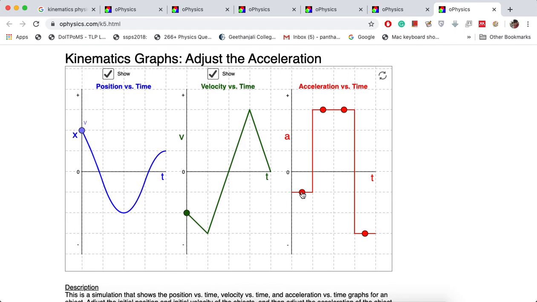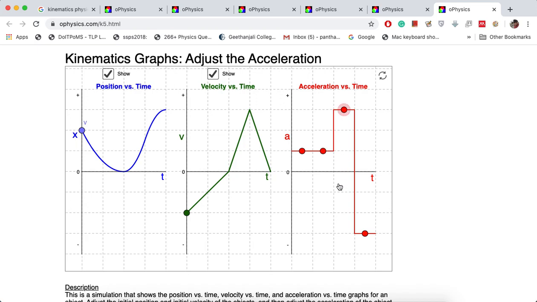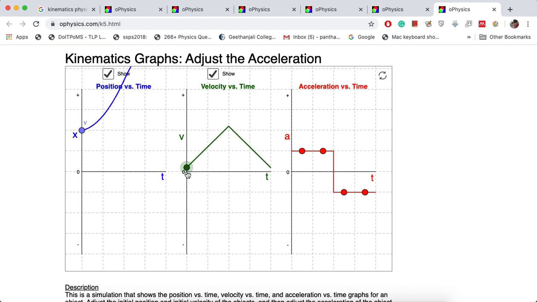As I said, here the acceleration is on the negative side, which means the velocity should decrease. If I bring the acceleration to here and here, and keep the velocities here, you can see that when the acceleration is positive the velocity increases, and when the acceleration is negative the velocity decreases. This again explains how the acceleration affects the velocity.